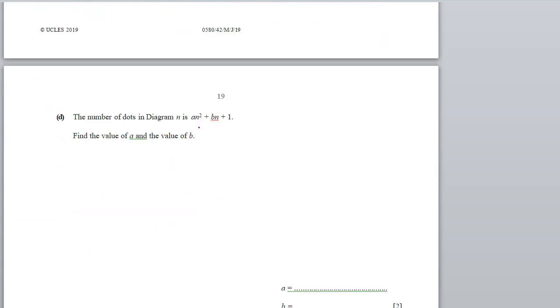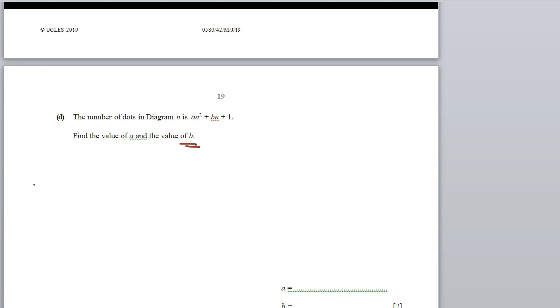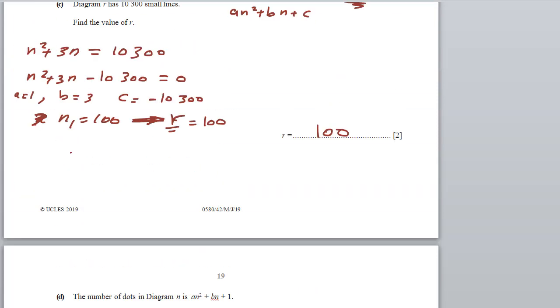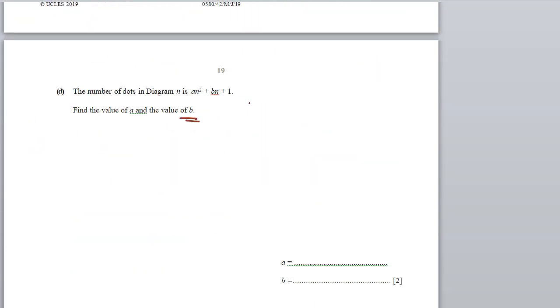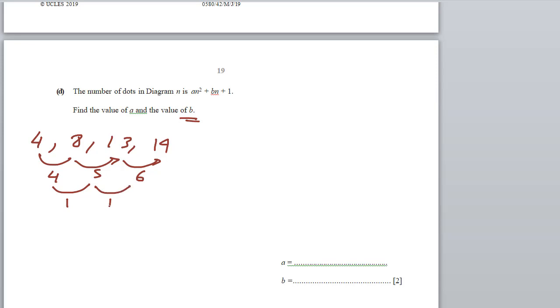Now the number of dots in diagram n is an squared plus bn plus 1. Find the value of a and the value of b. So let us find the number of dots. Again, this is a series of the dots: 4, 8, 13, and 19. So from here 4, 5, 6, then 1 and 1.